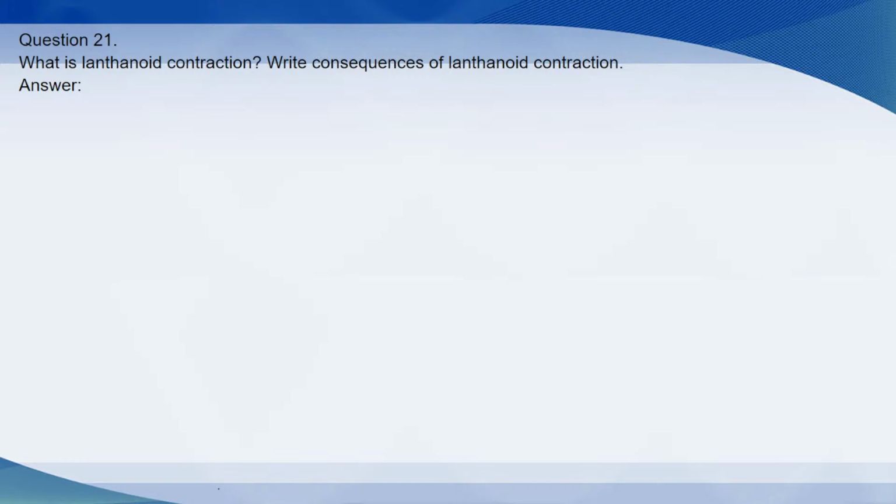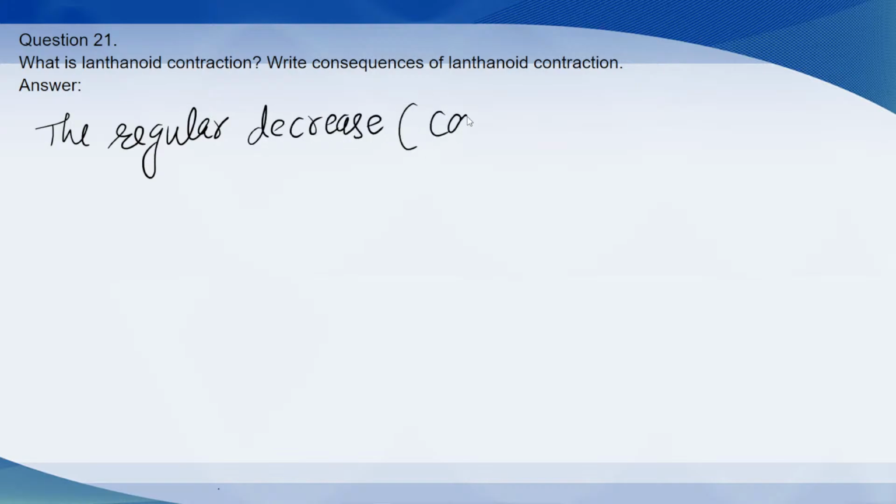Yes. So if we write it in a complete sentence, it is the regular decrease, contraction. Contraction means decrease.